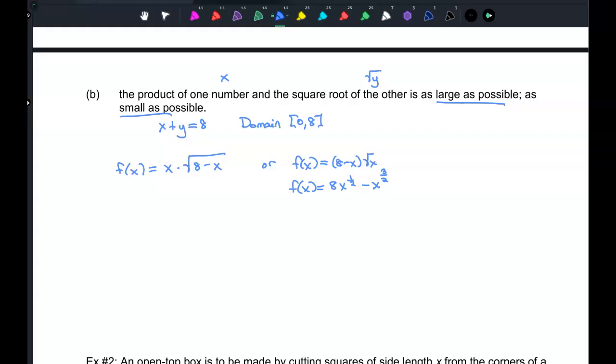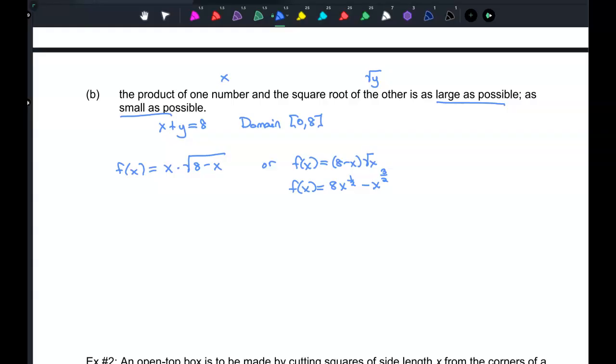If I just distribute, that becomes 8x to the 1/2 minus x to the first times x to the 1/2. With the other form, I'd have to do the product rule with the chain rule with a negative 1/2. We'll still get the same result. It's just mathematically easier to take care of.